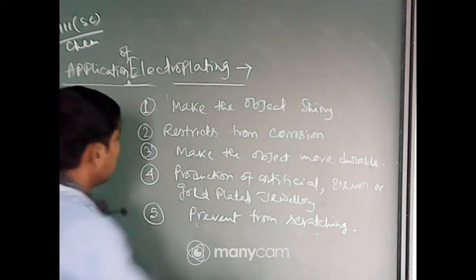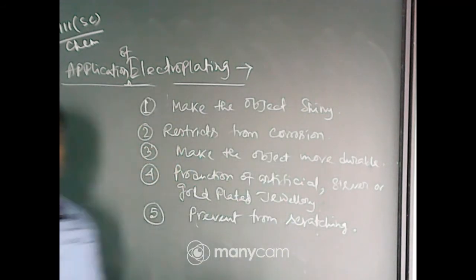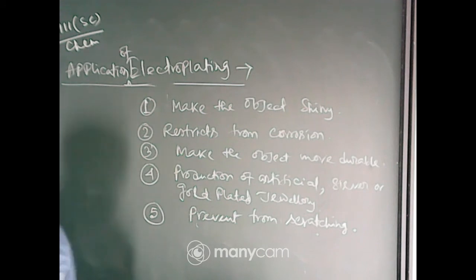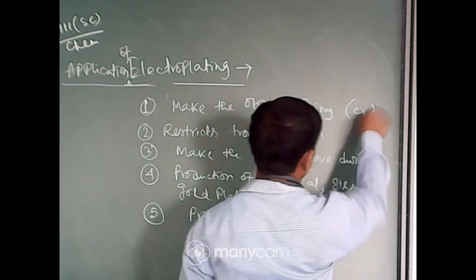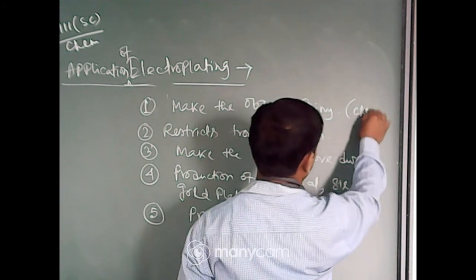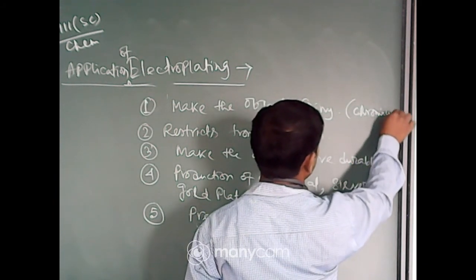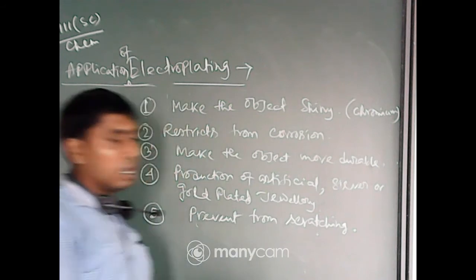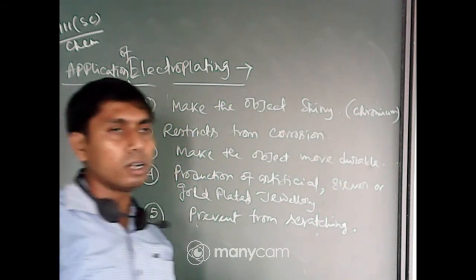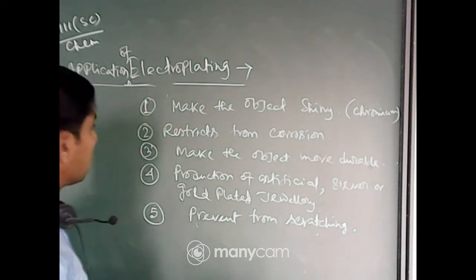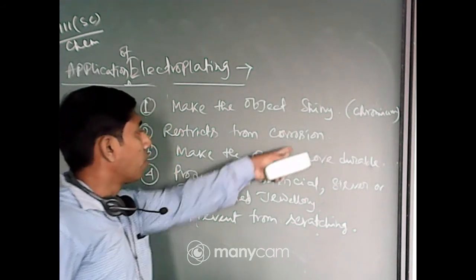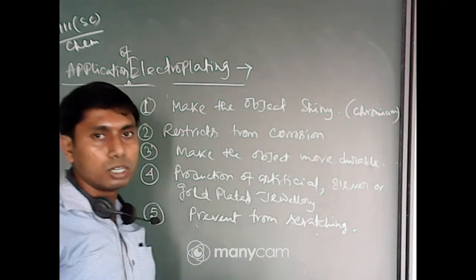Now here, to make the metal shiny, a layer of generally chromium is given, because it is not so expensive. If a layer of chromium is given over the articles, that is iron articles, then it also restricts corrosion, and it becomes more durable.